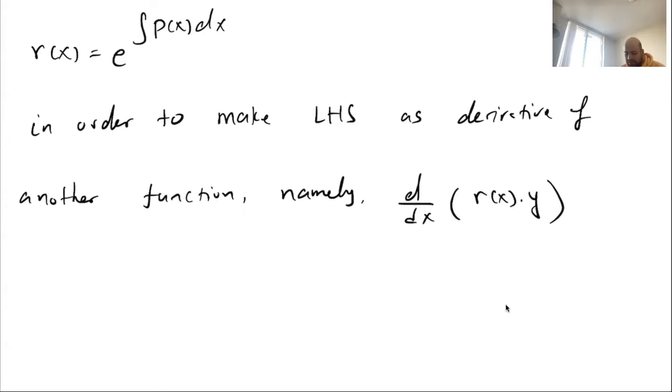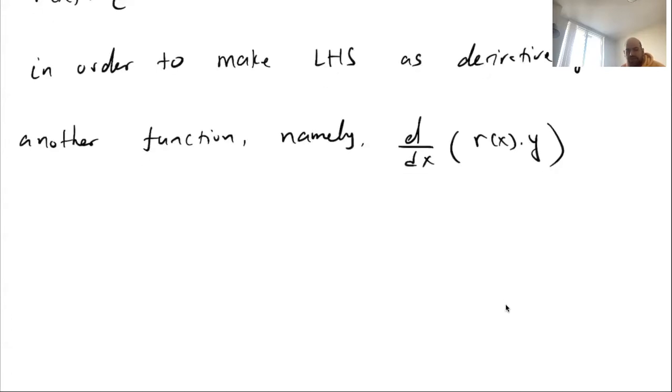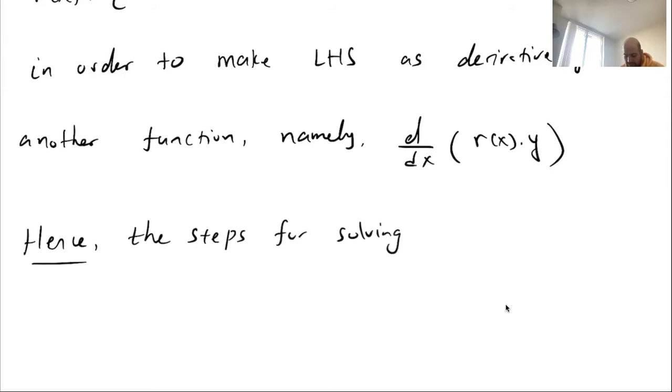So the steps for solving a linear first order ODE will be as follows.